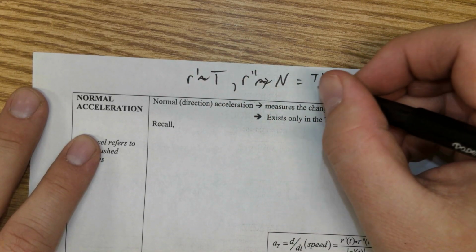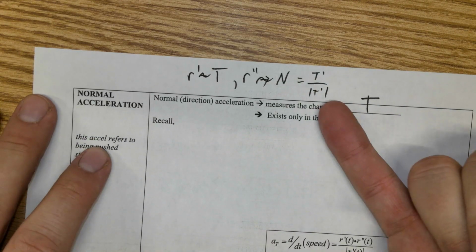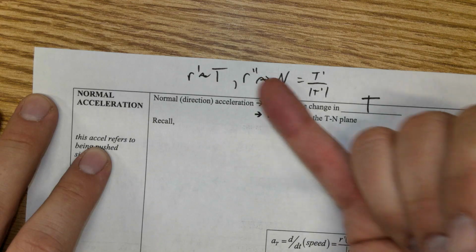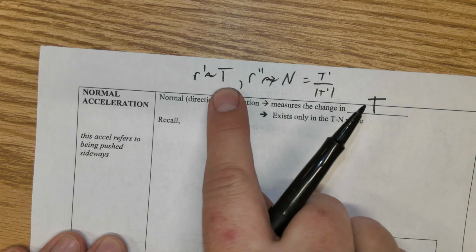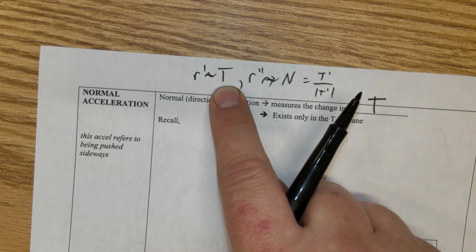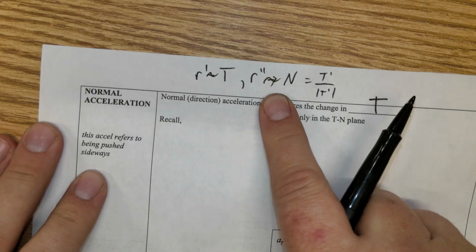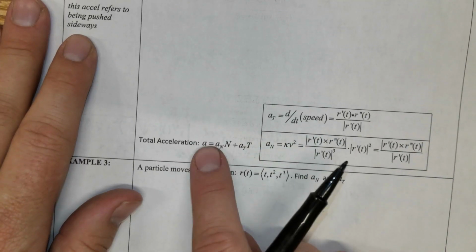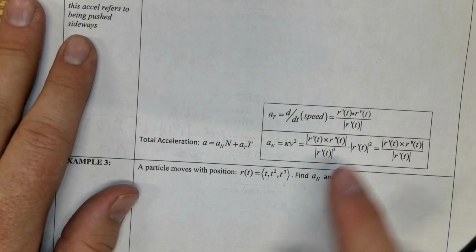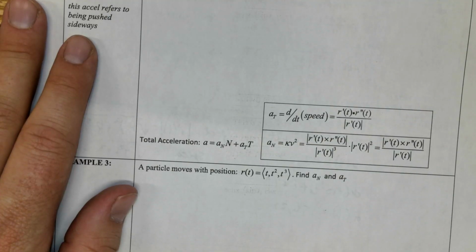N is t prime, but it's normalized. So that normalization makes it so these two things aren't directly equal, but the concept still holds that velocity is mainly going to come in my tangential layer and acceleration is mainly going to come in my normal layer. But as we'll see in these formulas, there's actually a little bit more to it, right?